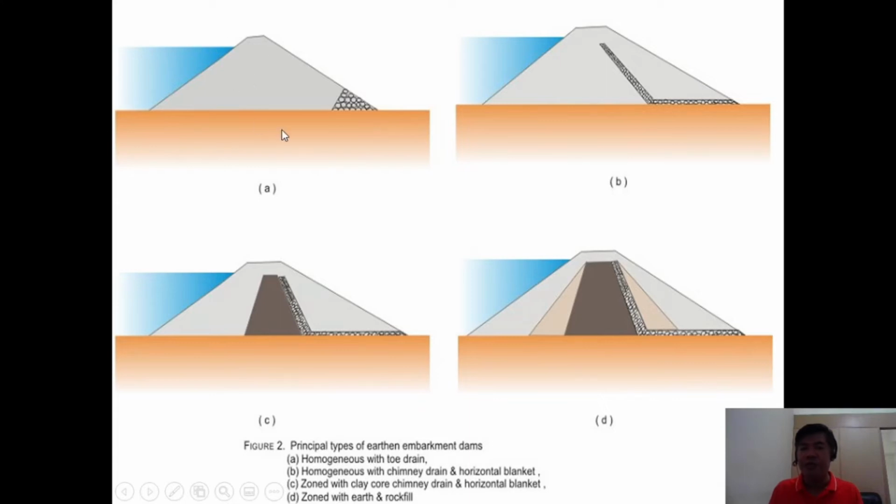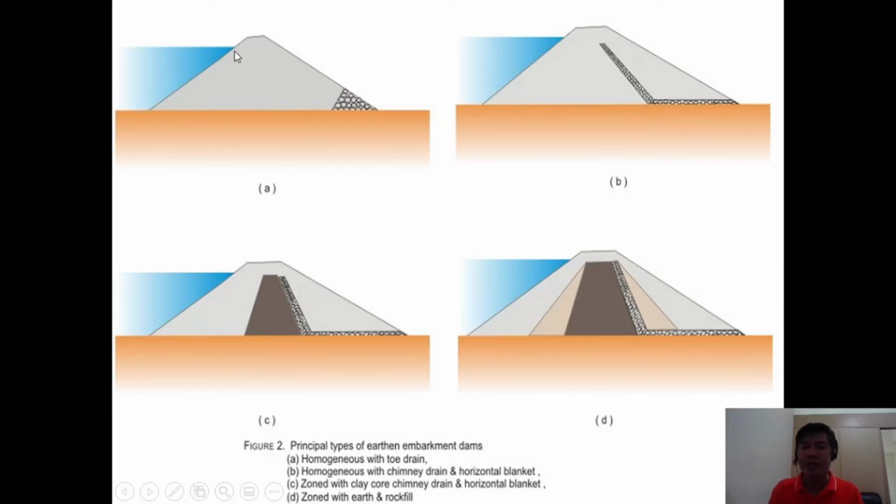It is one type of soil, but there is one part here called the toe drain. It is made of granular materials, gravels or boulders, placed at the toe of the dam. The purpose of this is to protect the toe and redirect the seepage.